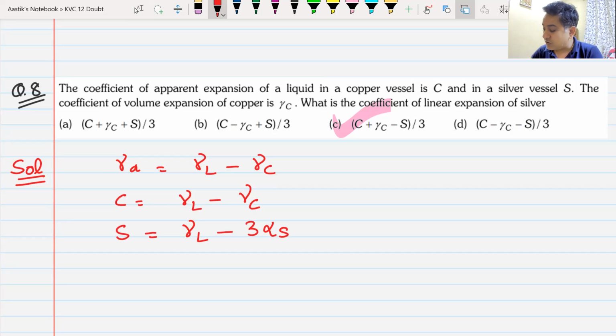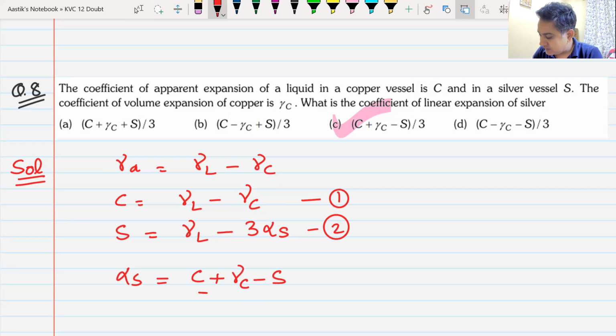From these two equations, from equation number 1 and equation number 2, what you have to do is eliminate gamma of liquid and find the value of alpha of silver. I hope you can do this. Yes or no? And the answer that we are getting is, I think, C plus gamma C minus S, divided by 3.